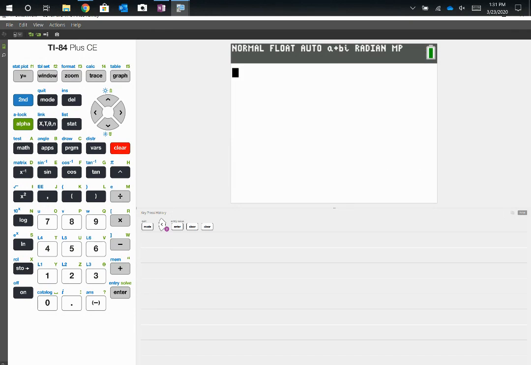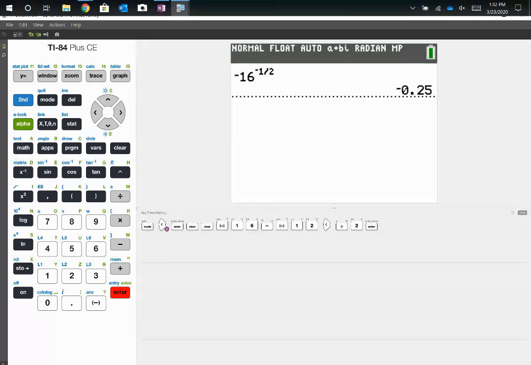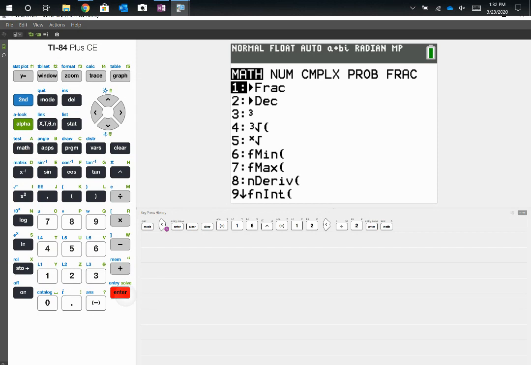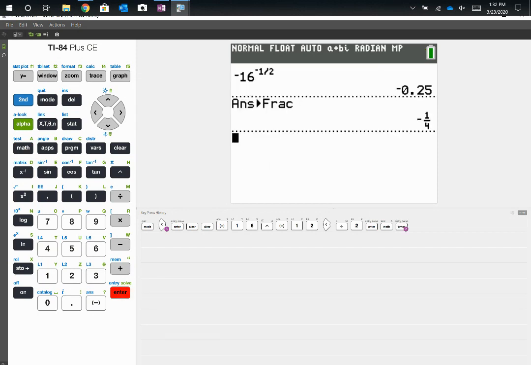So if I wanted to find, say, negative 16 to the power negative 1 over 2, it is going to give me the answer in decimal form, and I can ask for it in fraction form by pressing math and then the fraction button, and it would give me the answer in fraction form.